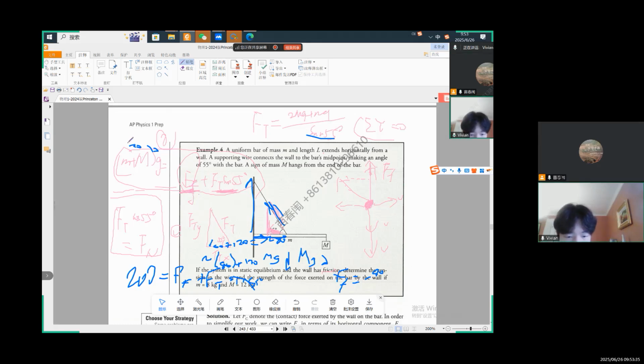Don't you have mg and mg on this side, and then 2 mg and mg on this side, right? Everything is canceled out. There's only negative mg equal to the F friction, right? Yeah. So it's 120, right?